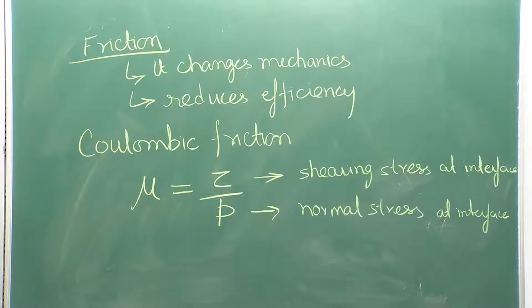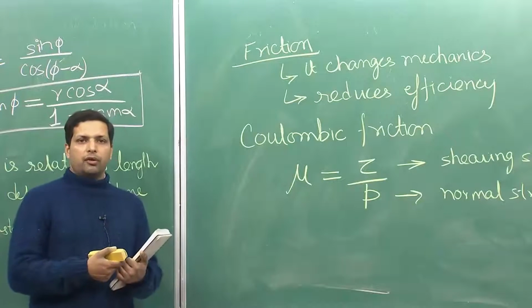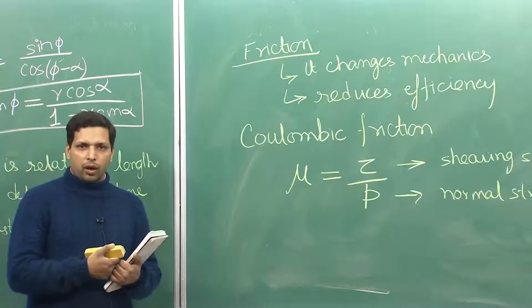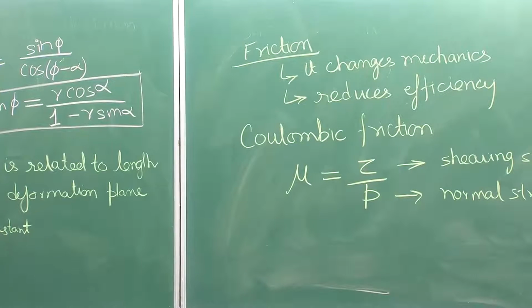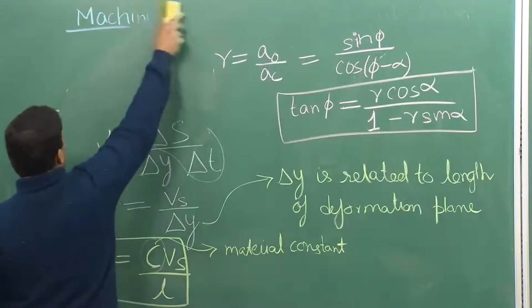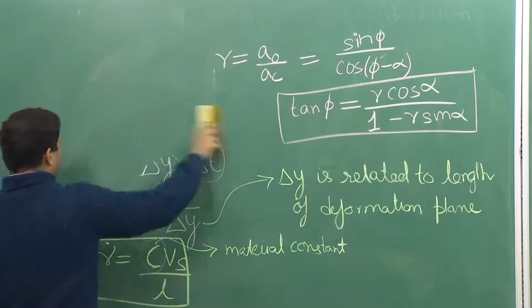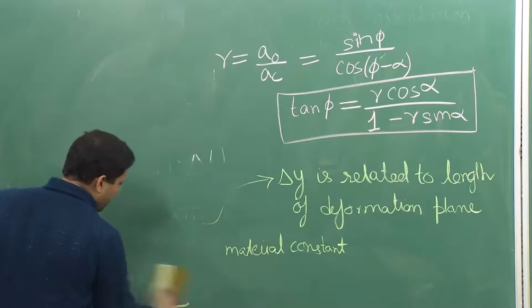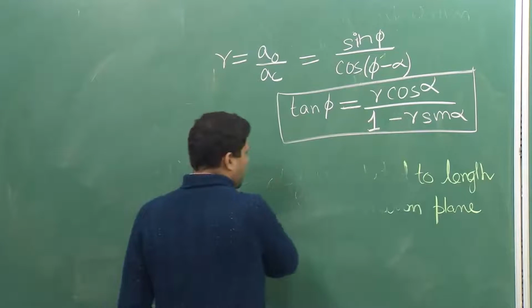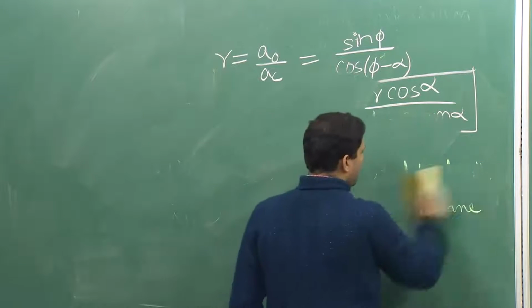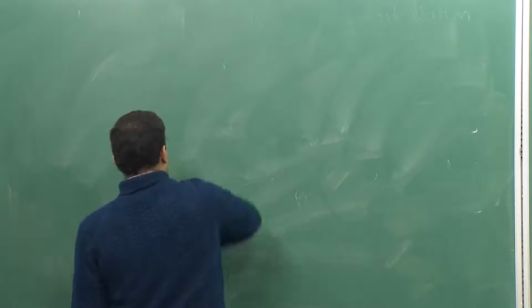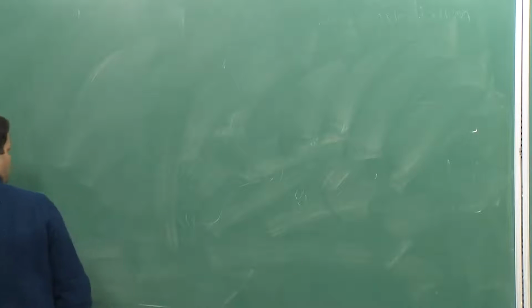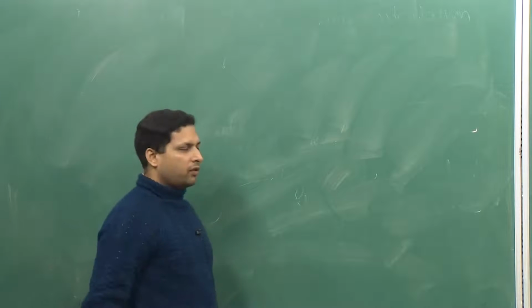This friction would particularly be important when we have two different pieces coming together and trying to impinge onto each other. So, for example, when you are trying to forge, in those kinds of conditions, there will be an interface between the die and the workpiece, and this friction will determine how much force or energy is required for the deformation.